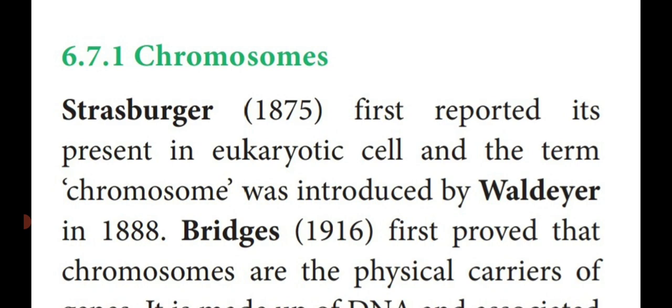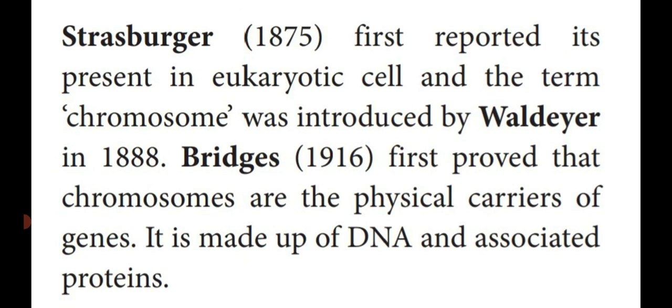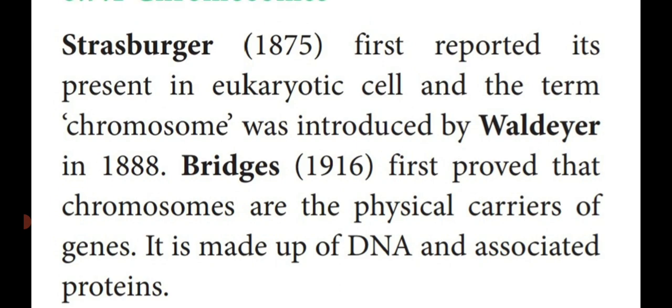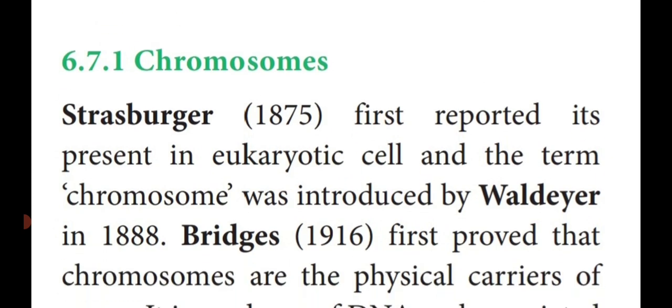In the year 1916, another scientist Bridges proved that chromosomes are the physical carrier of the gene. So it is a structure which carries the genetic material known as gene. And also it is made up of DNA and associated protein. So this chromosome contains DNA and protein substances. So this is the history of a chromosome.